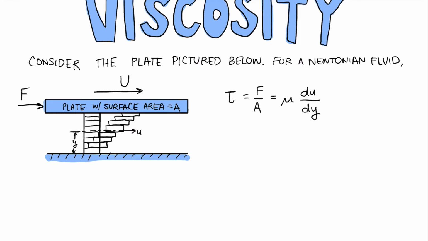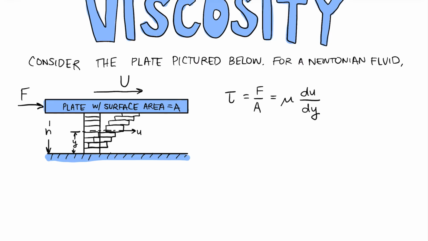And remember, the velocity of the fluid is going to change depending on if you are at the top surface with the plate or on the bottom surface at the ground. When we're at the top with the plate, our velocity is equal to capital U. On the bottom, in contact with the ground, velocity is equal to 0, and we have this gradient in between.